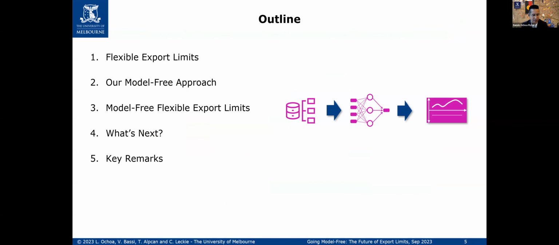Now, in terms of the outline, in the next 35, 40 minutes, hopefully, we will go through the different topics that I'm outlining here. First and foremost, I want to explain what flexible export limits are. In a sense, as Chica was mentioning, what we really want is to calculate operational values that actually tell people this is how much you can export, or in the future, perhaps even import.